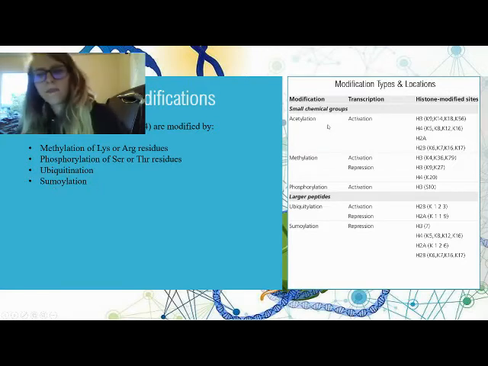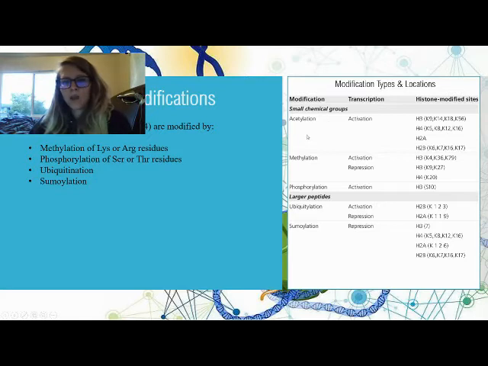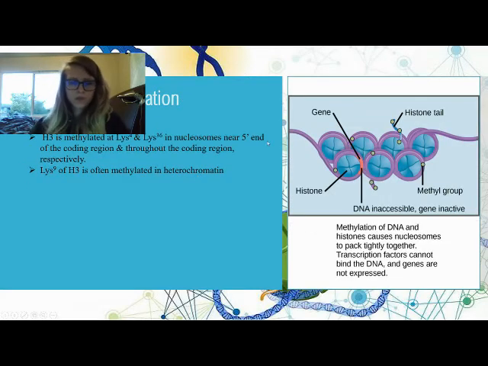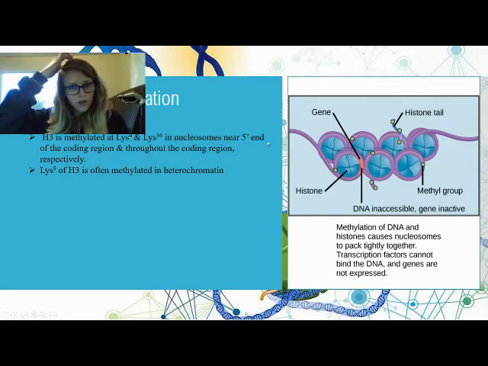I listed the modification type, how it affects transcription, and the histone or location that it is modifying. It shows you here that acetylation, methylation, and phosphorylation relate to small chemical groups, and the following two are larger peptides. So I'm going to start with methylation.